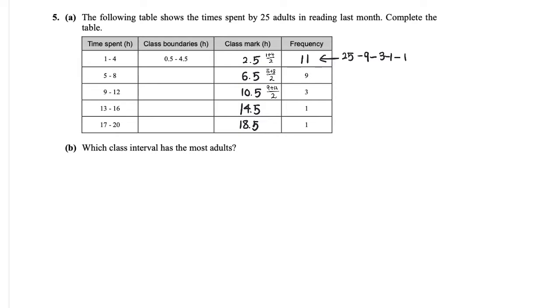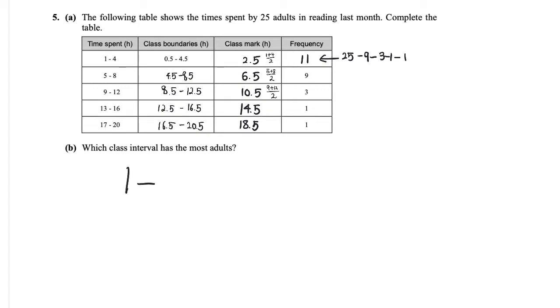And then for the class boundary, this one you can check, it will be 4.5 to 9.5 and 8.5 to 12.5, 12.5 to 16.5, 16.5 to 20.5, like this. Which one will have the most adults?